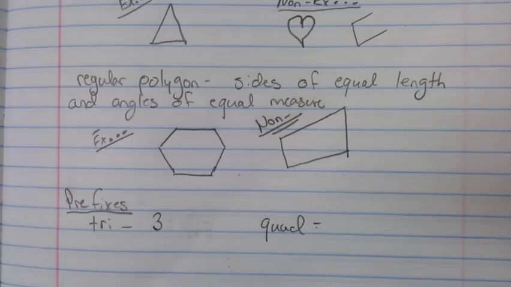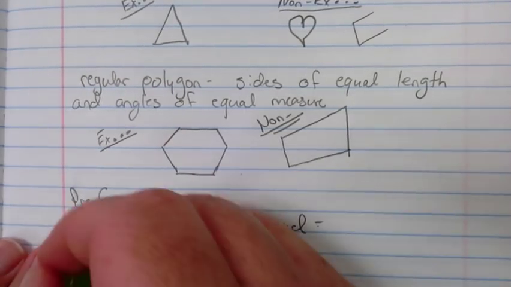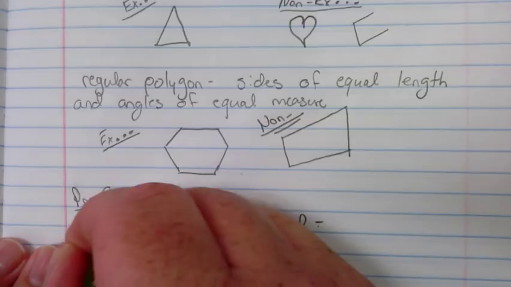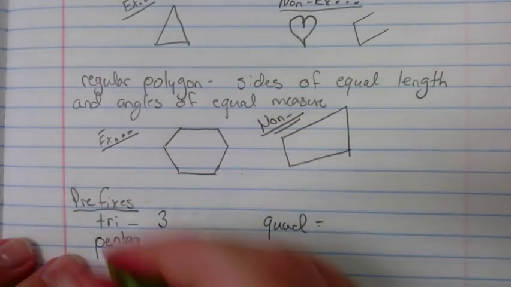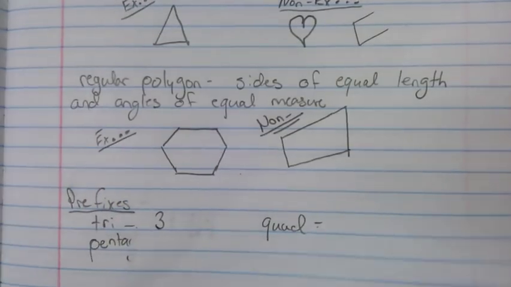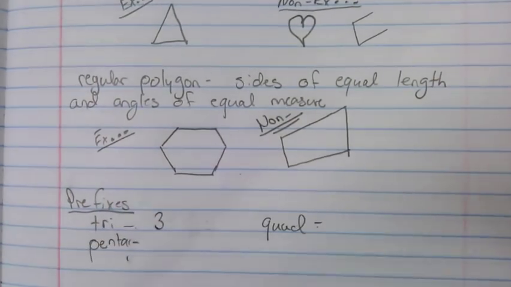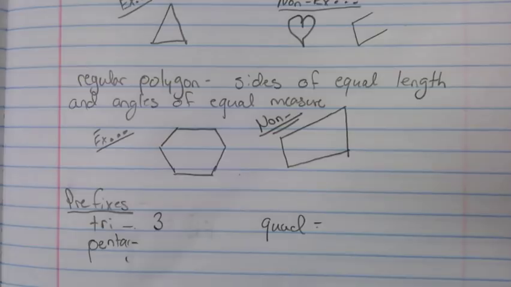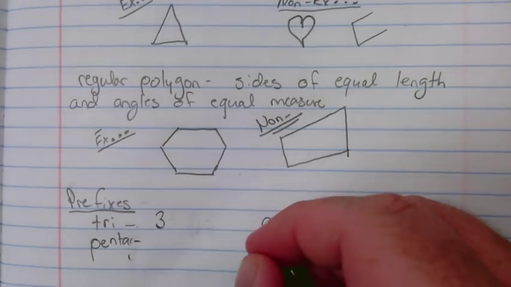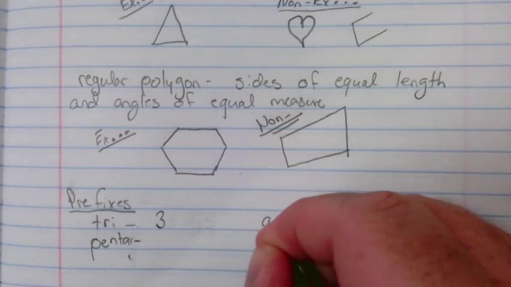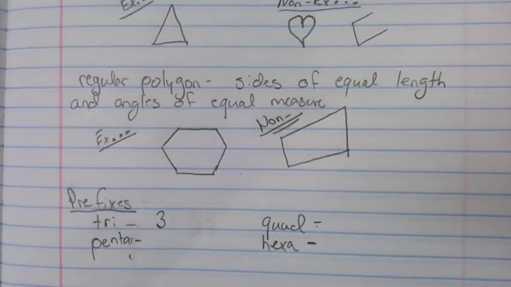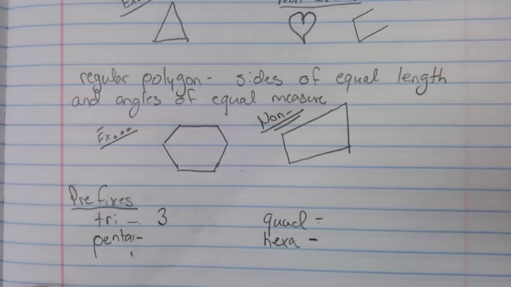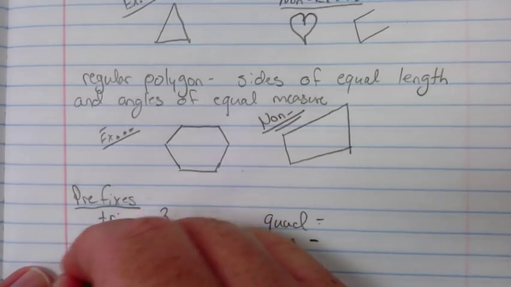And then after that, we're going to have penta, like the pentagon, and then we're going to have hexa. And our final prefix is octa, for octagon.